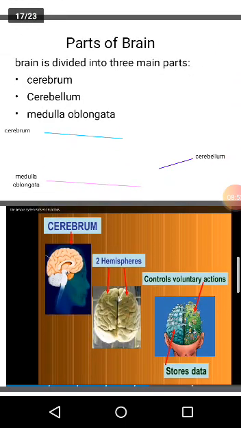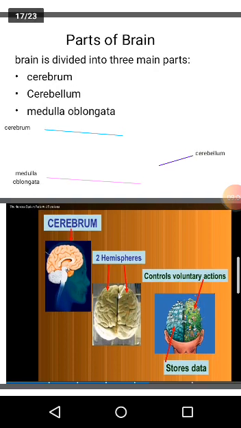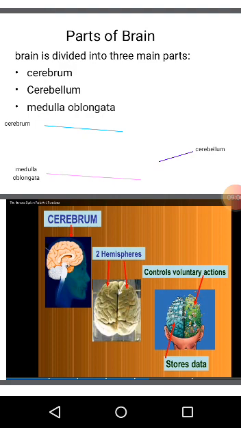Now, the brain is divided into 3 main parts. One is the cerebrum, then the cerebellum and medulla oblongata, as you can see in this diagram as well. The cerebrum is the frontal or front part, and it covers the major area of the brain. After this lies the cerebellum, and under the cerebellum the last part of the brain is the medulla oblongata.